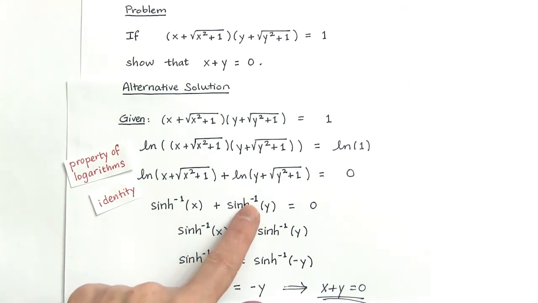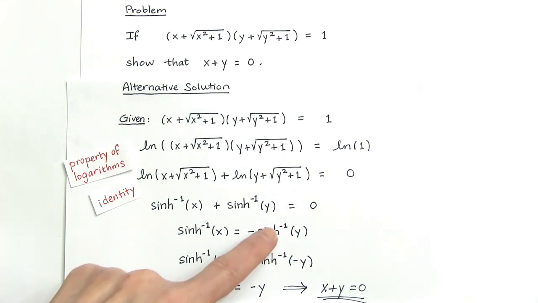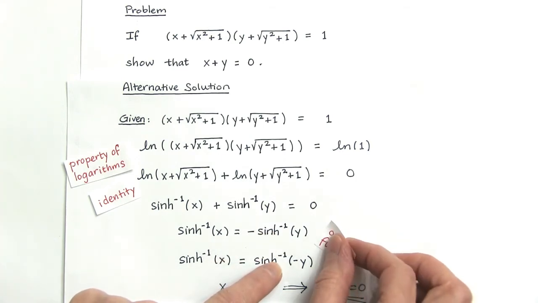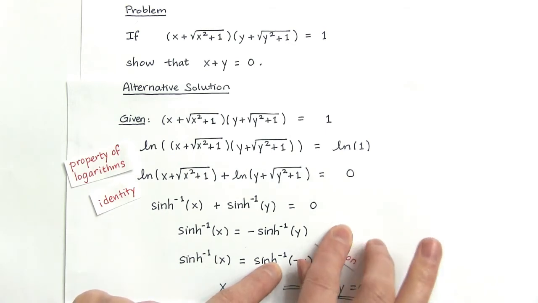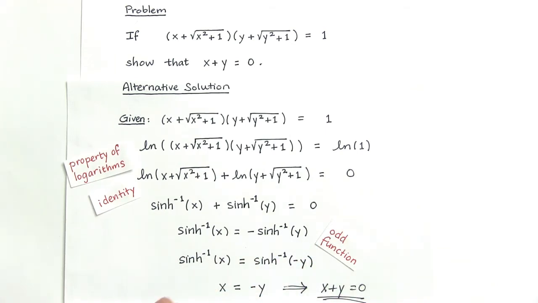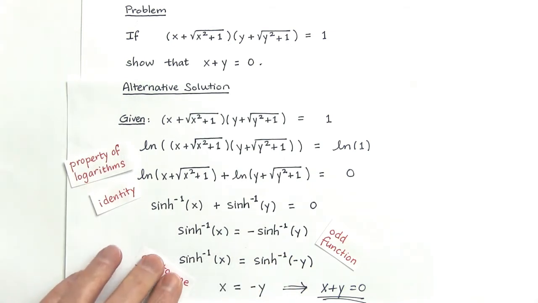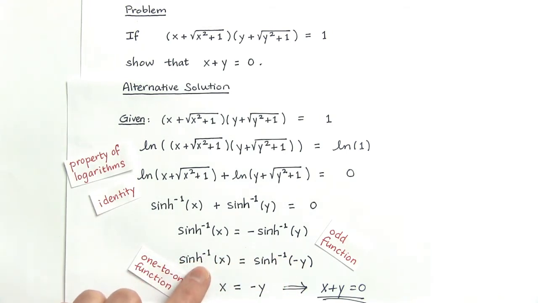We subtracted this quantity from both sides. Then we used the fact that the inverse hyperbolic sine function is an odd function. And then, after that, we used the fact that the inverse hyperbolic sine function is a 1 to 1 function, so that when we take the hyperbolic sine of both sides here, we get that x is minus y, and hence our goal, x plus y is 0, and the problem is solved.